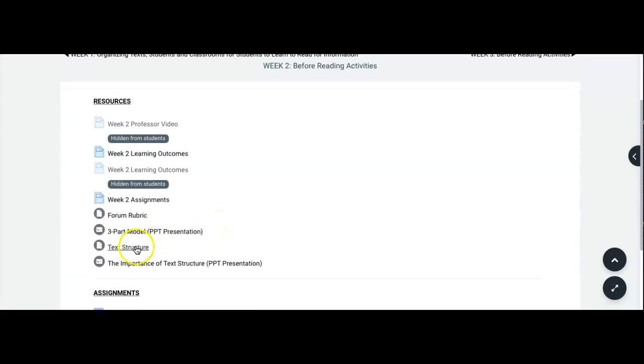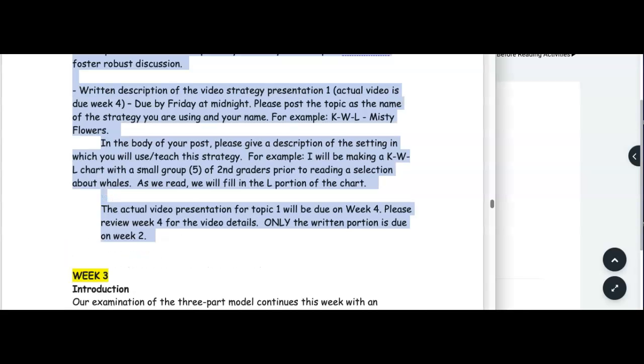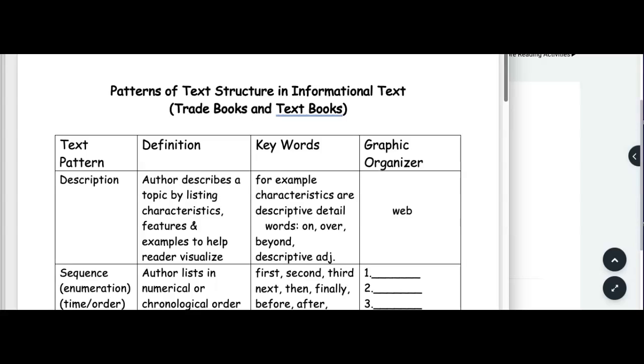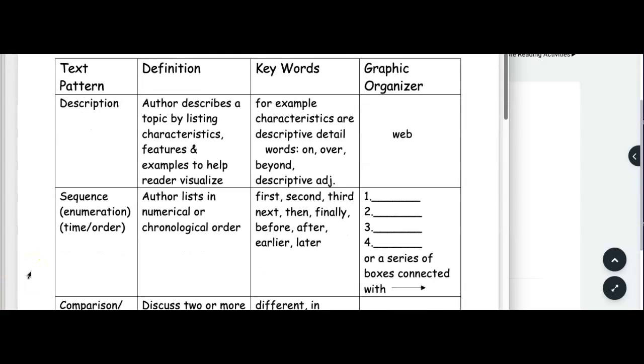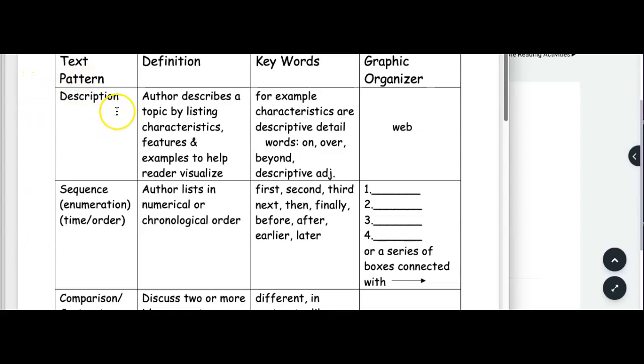And I want to look at this text structure paper with you. These are different patterns of text structure. For example, the text pattern might be description. How does an author do that? By describing a topic, listing characteristics, features, and examples to help the reader visualize.